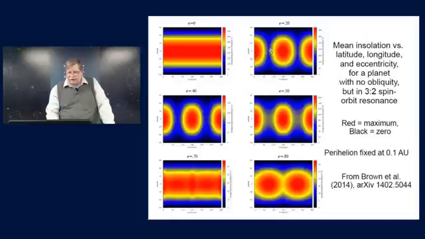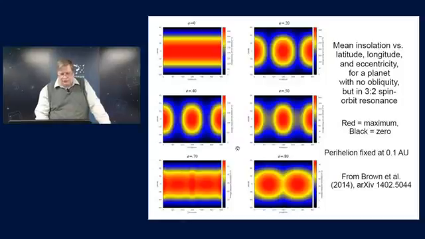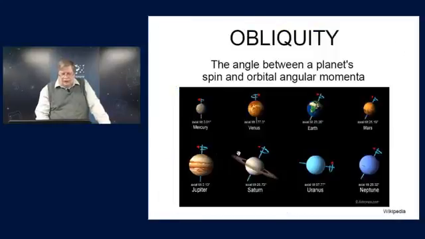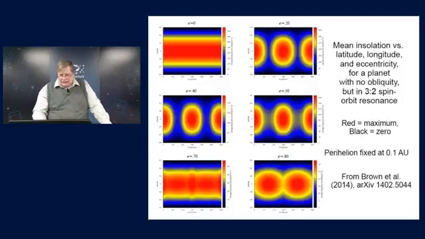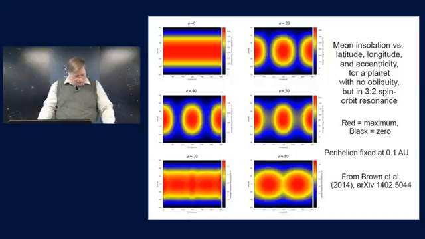As you raise the eccentricity of the orbit, that pattern pretty much persists until you get up to a regime change here at about an eccentricity of 70%, where it starts to look again like the non-resonant case. But when you go past that to an 80% eccentricity, the insolation flips around so that now the short axes are hot and the long axes are cooler. But still, the insolation vanishes at the poles.